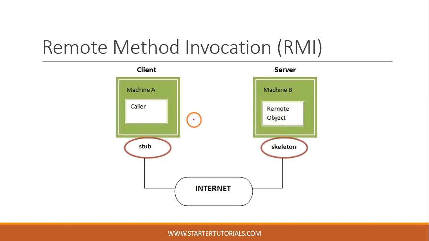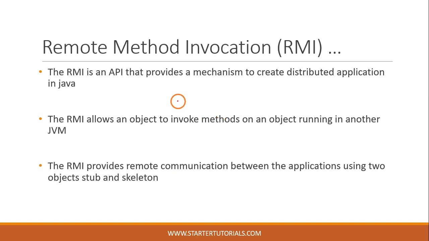For this, we have to create a specific object called stub on the client side, and another specific object called skeleton on the server side. These objects communicate through the internet. So we will have stub on the client side and skeleton on the server side.